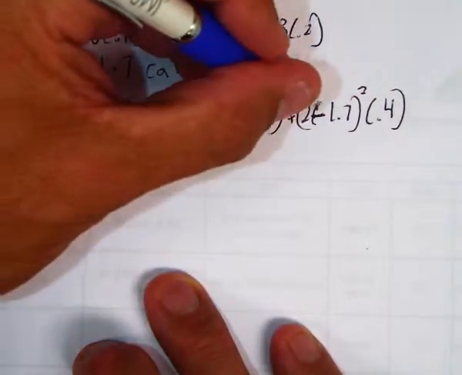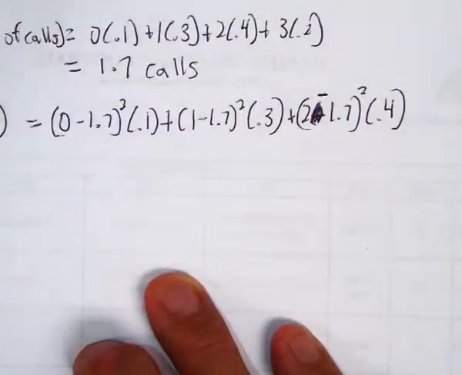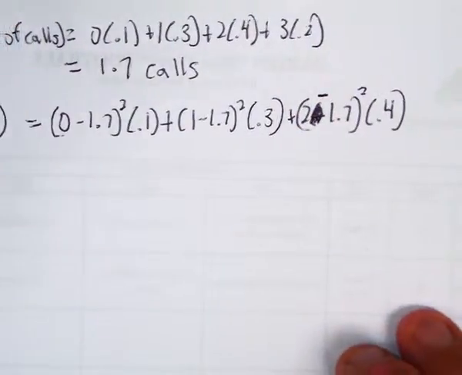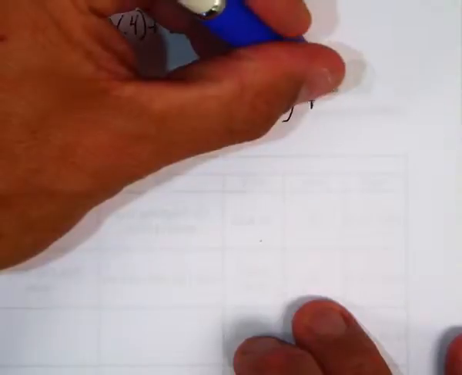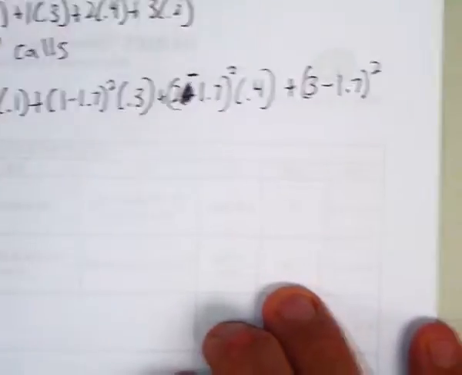That's a 2, that shouldn't be there, it should be a minus. 2 minus 1.7, and then 3 minus 1.7 squared times that probability.